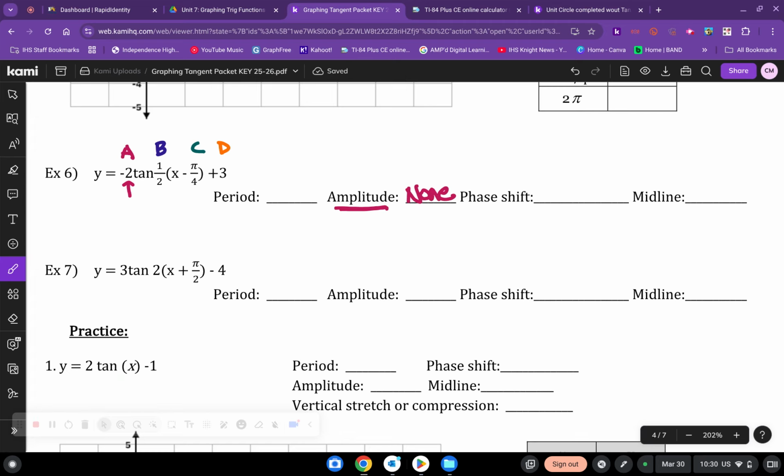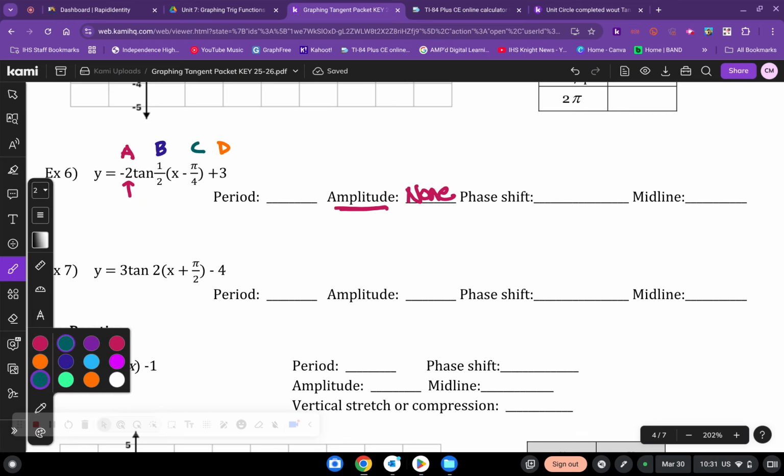So super tricky, but be careful with that. If they ask, the A value is -2. They didn't ask that, they asked the amplitude. Amplitude is none because it doesn't exist in the graphs of tangent.